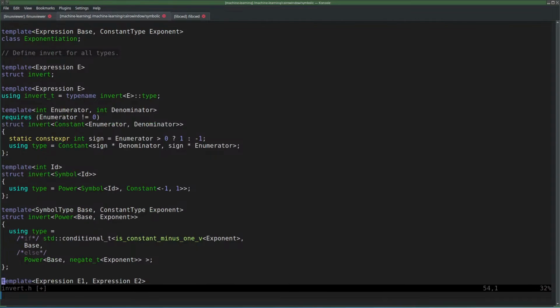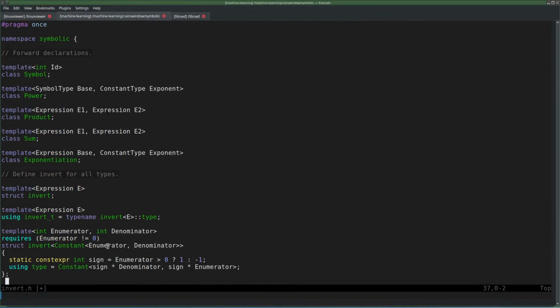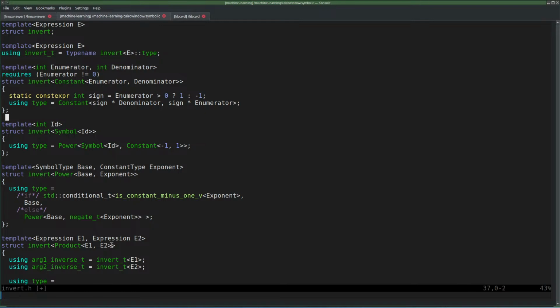And then the problem seems to be that this one is known actually. Negate is known, isn't it? I'm not even sure. I think negate would only be known if I include it. Negate is not using invert, right? So I can just safely include negate here at the top.